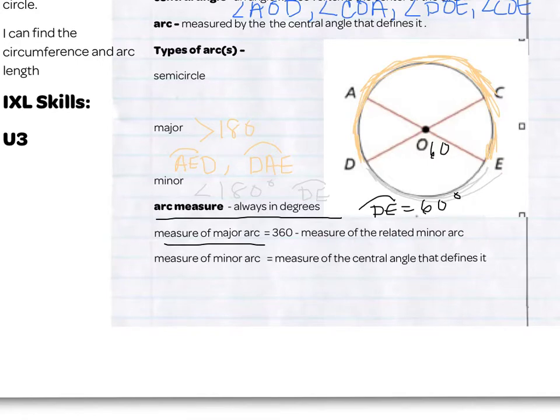So it's kind of like the whole pizza versus the major piece leaves the leftover piece, which makes sense to you. The same thing is going to be true for the minor arc: the minor arc is going to be the measure of the central angle that defines it. We just looked at an example of that when I said angle DOE is going to be equal to the measure of arc DE, which is also 60 degrees.